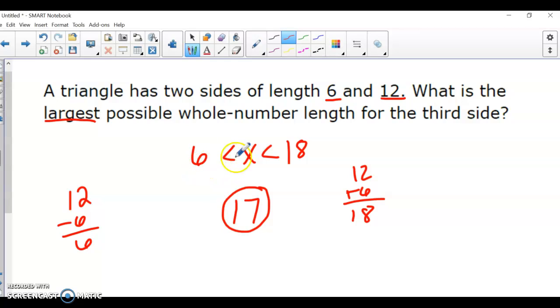So the smallest whole number above 6 would be 7. If it asks for the smallest, you go one above your small number. If it asks for the largest, you go one below your largest number. So for this question, our answer will be 17.